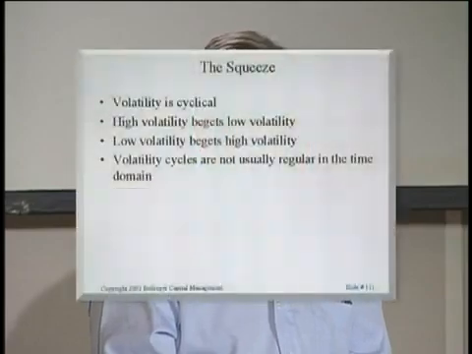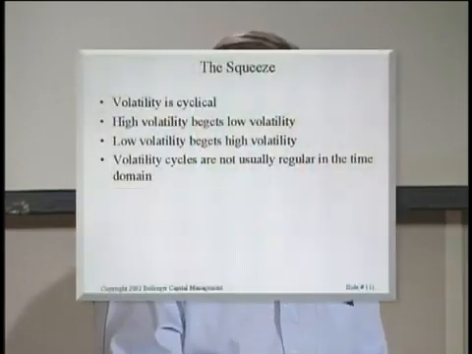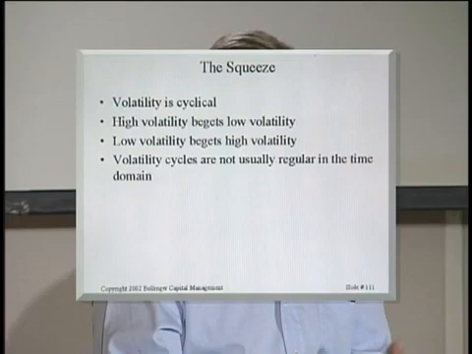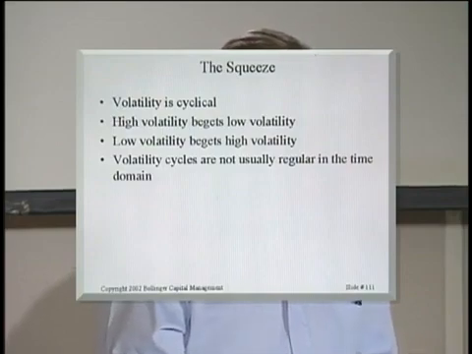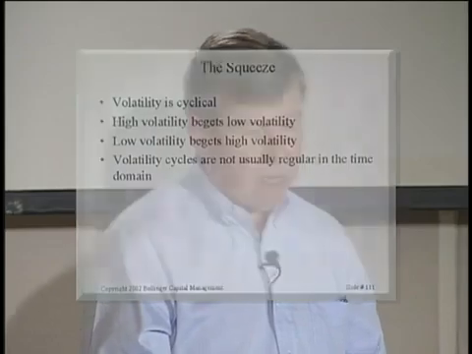So here's the basis of the squeeze. Volatility is cyclical. High volatility begets low volatility. Low volatility begets high volatility. Volatility cycles are not usually regular in the time domain.